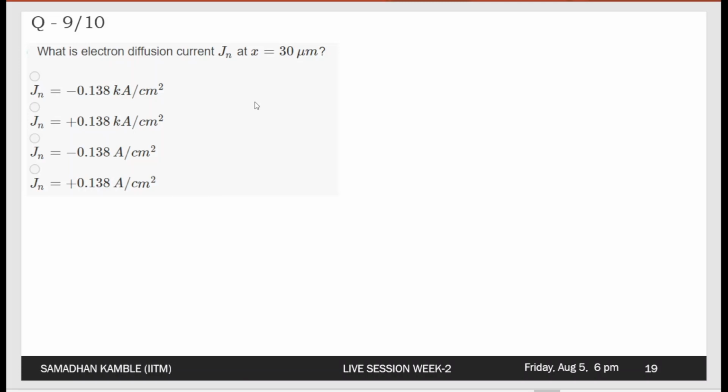We also know the formula for the electron diffusion current Jn, which is given as the electronic charge times the diffusion coefficient times the gradient, that is dn by dx. Now we know the charge, we can just substitute the value. It comes out to be 1.6 times 10 to the power minus 19.